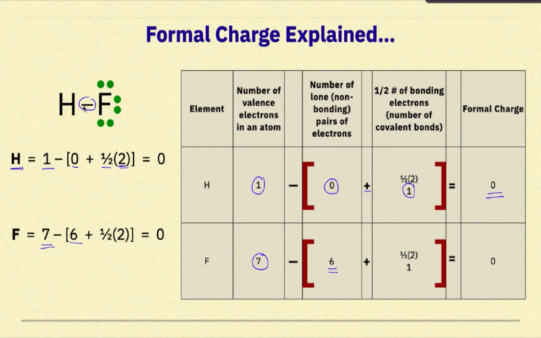Again, this line represents 2 electrons, so half of 2 is 1. Or you could just say the number of covalent bonds coming off of fluorine is 1. So 7 minus 6 plus 1, where 6 plus 1 is 7. So 7 minus 7 is 0. And that is how we figure out these formal charges.